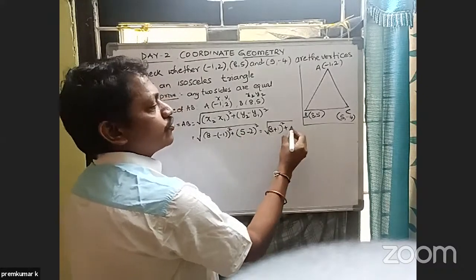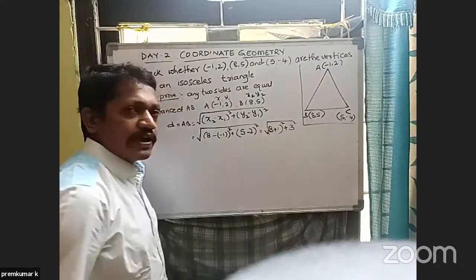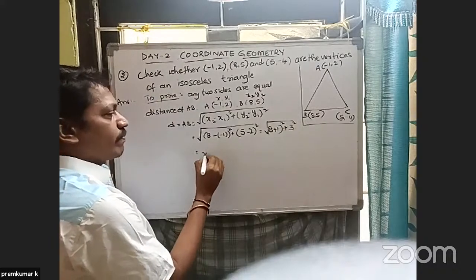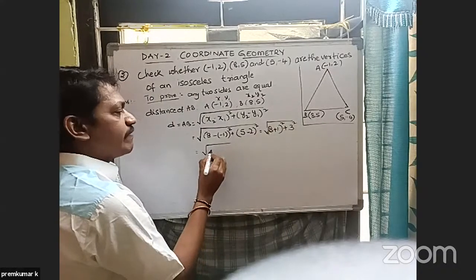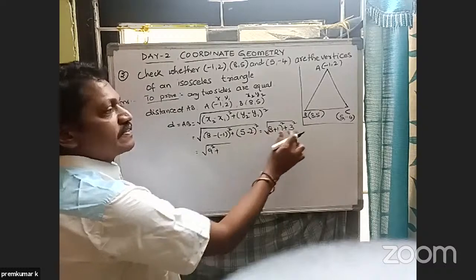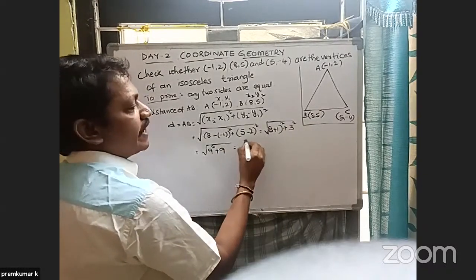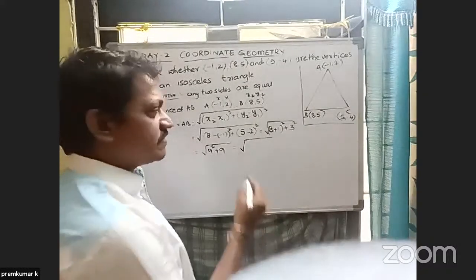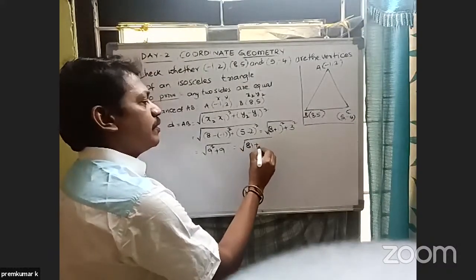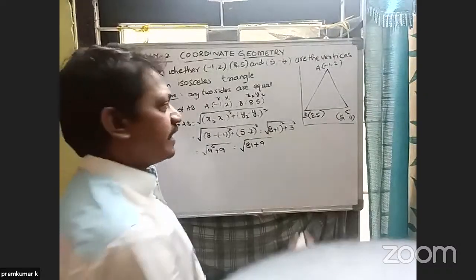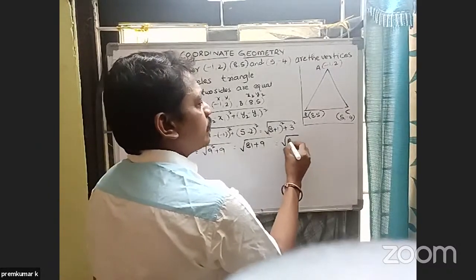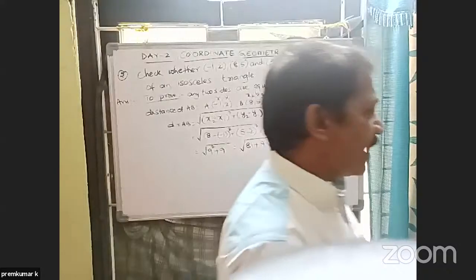Here 5 minus 2, that is 3 square. Here it is 9 square plus 9. What is the value of 9 square? 9 into 9, that is 81, plus 9, that is root 90.